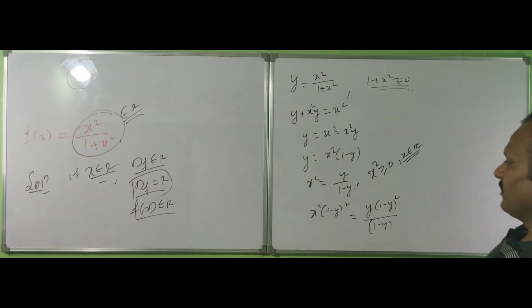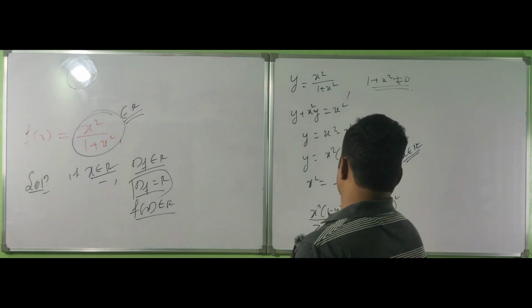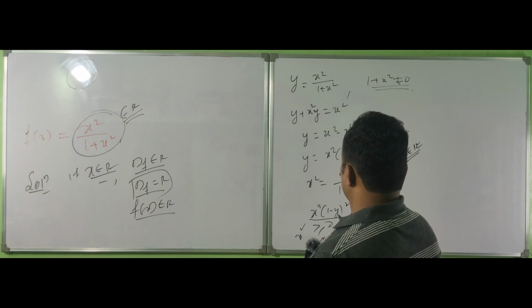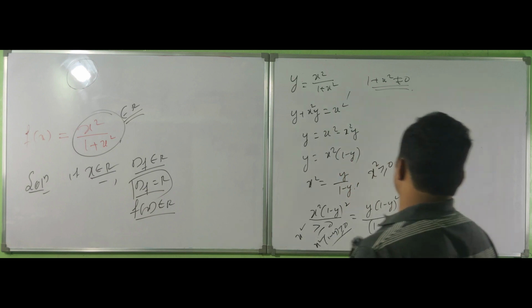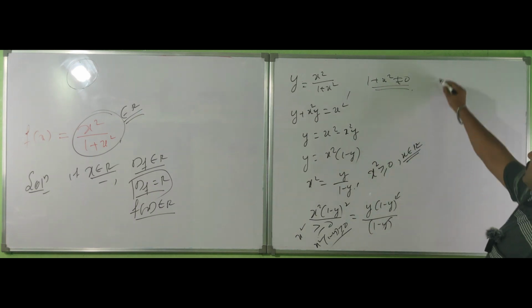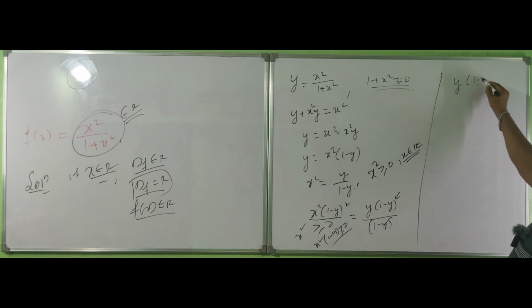Multiplying both sides by 1 minus y square, this is greater than 0, so this is also greater than 0. X square greater than 0 means x square 1 minus y also greater than or equal to 0. Therefore this gets cancelled, and y into 1 minus y is greater than or equal to 0.